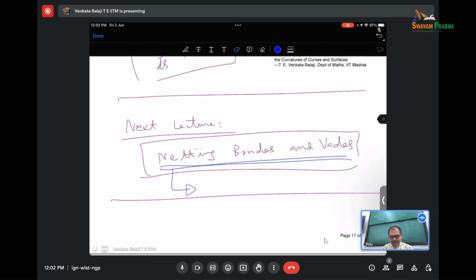But the idea is that I want to connect it to a very important theorem in differential geometry called the Gauss-Bonnet theorem. So the technical name is Gauss-Bonnet theorem, and this is what I want to explain to you about.